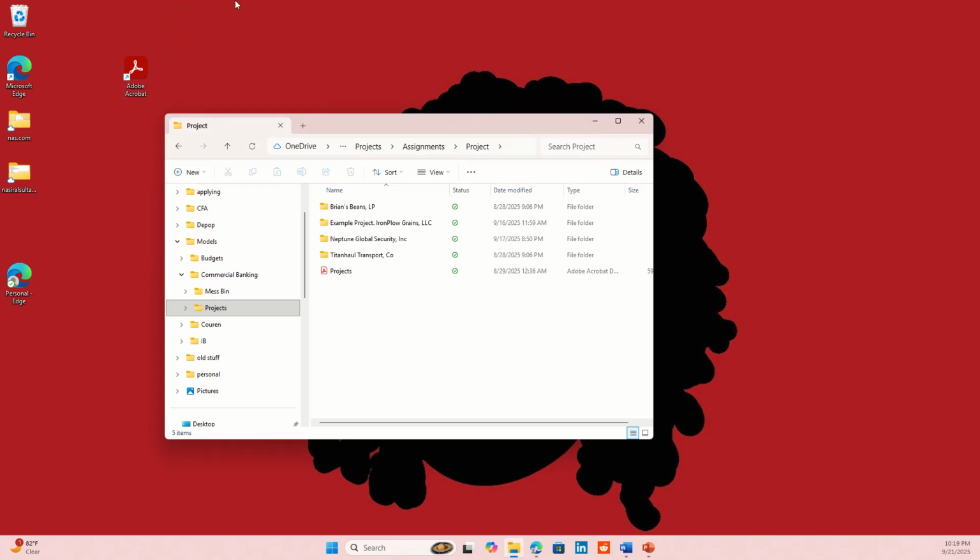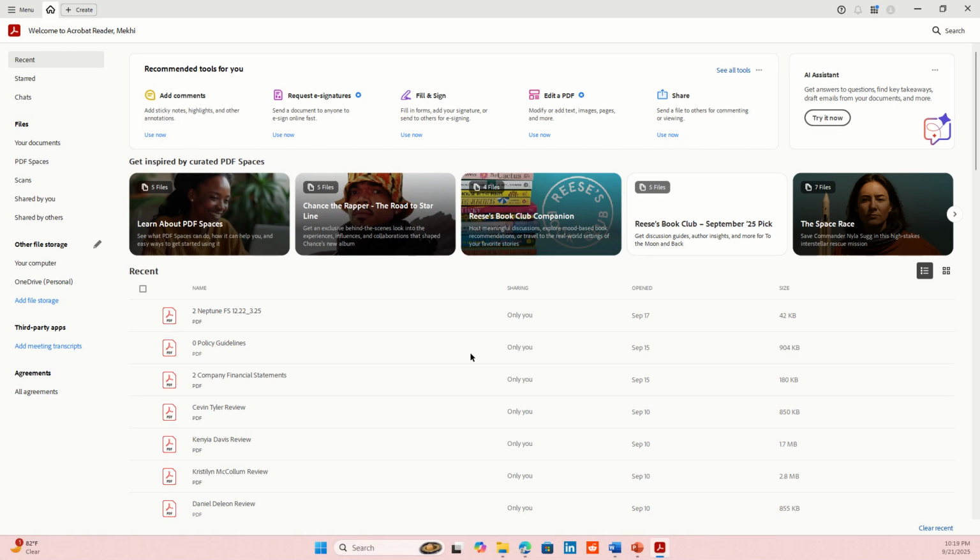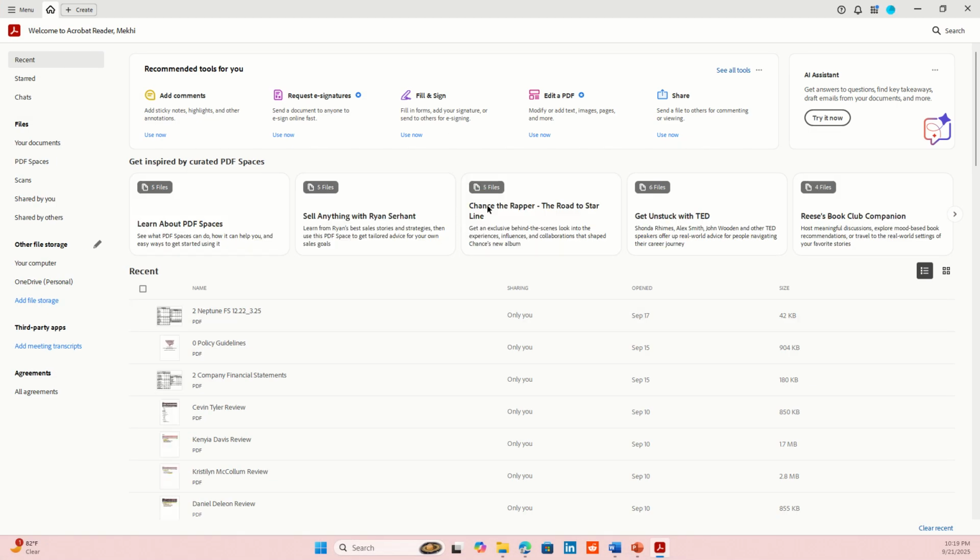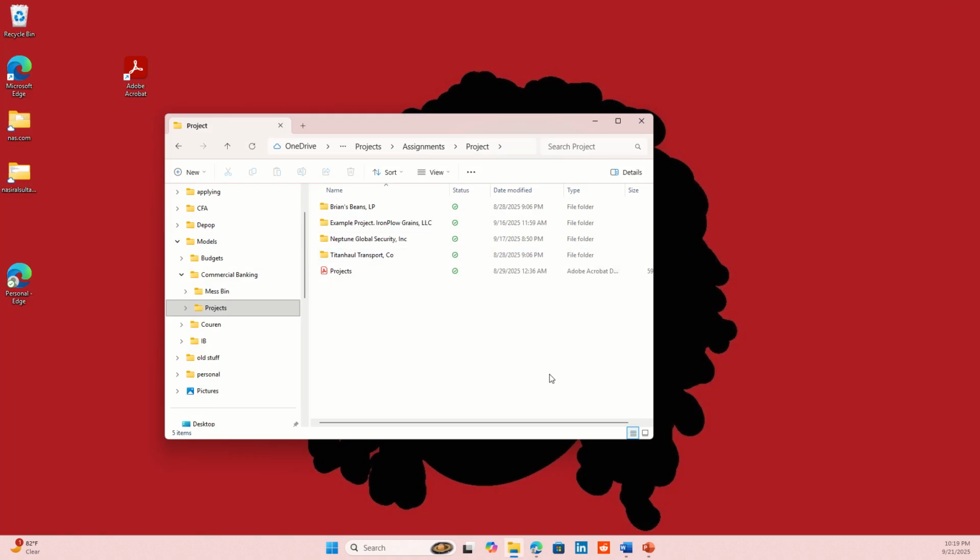Remember, if for some reason you can't get it on your computer, you can download Adobe Acrobat onto your iPhone, and then you can access it through your email onto your cell phone. So remember, you can download Adobe Acrobat and then access the information and edits that I send on your cell phone. So anyways, let's go ahead and get started.